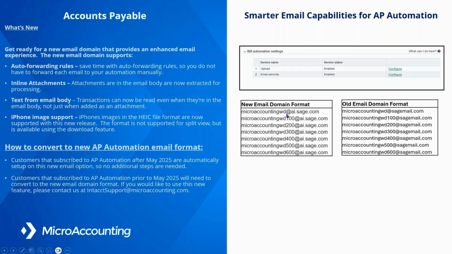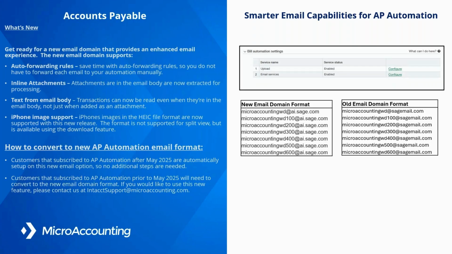For those other clients that have been using AP automation for some time now, prior to May of 2025, you'll reach out to us, we'll submit a ticket to Sage Support, and they will go ahead and convert that format for you. They'll convert the Sage Mail to the ai.sage.com.